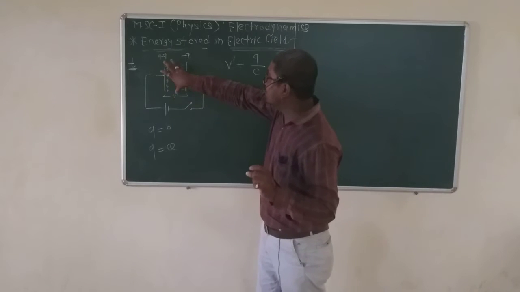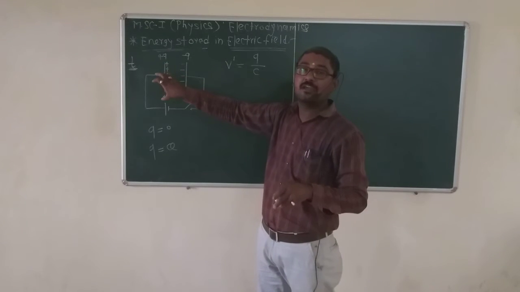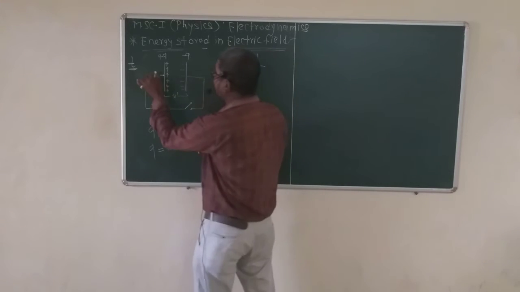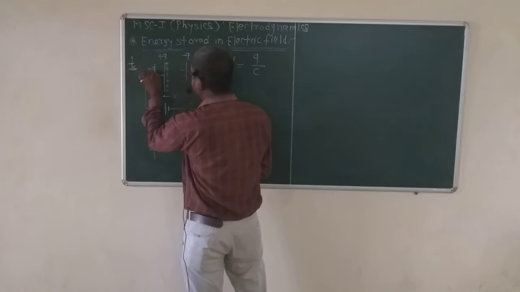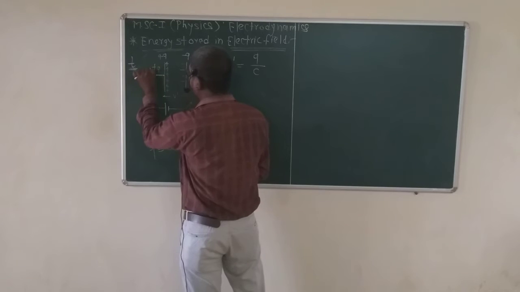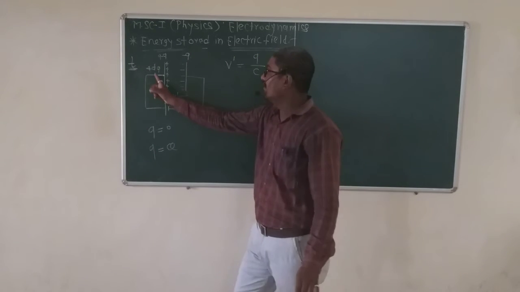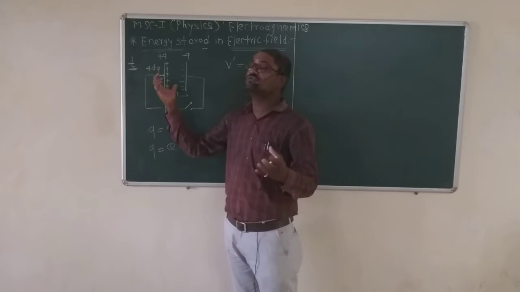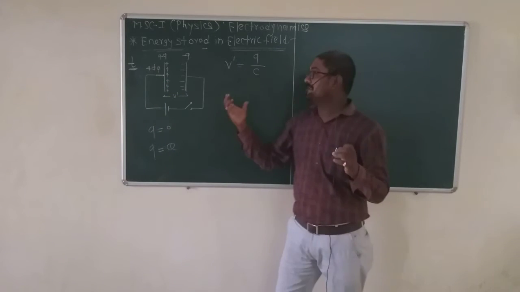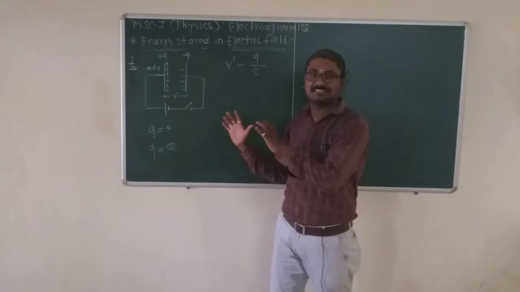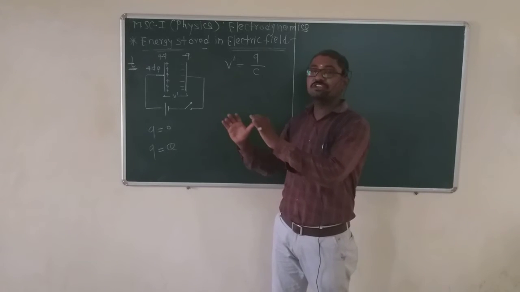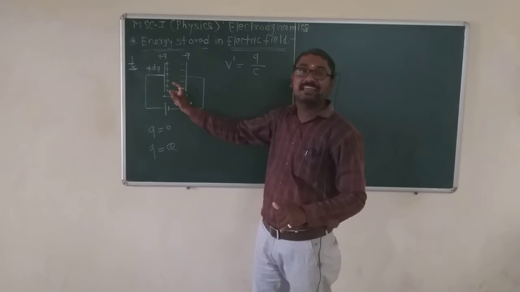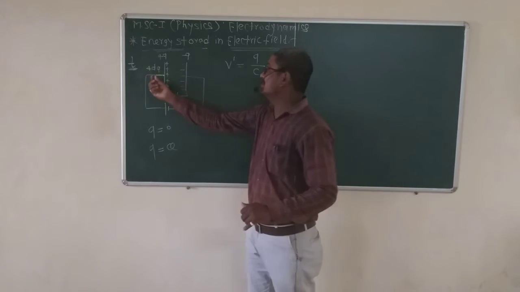That's why the capacitor needs more charge, that is plus dq charge. The capacitor needs more charge, that is dq, because it was not fully charged at that stage. These are the slowly charged stages.